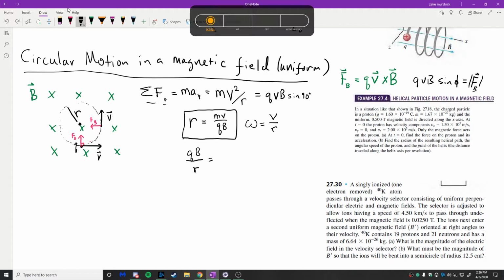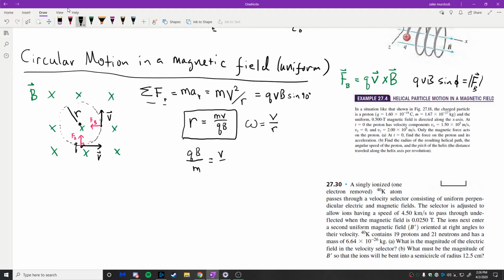No. It's qB over m. That should be equal to v over r. And that's equal to omega, the angular frequency. That would be the radians per second. This symbol means angular frequency or angular speed.